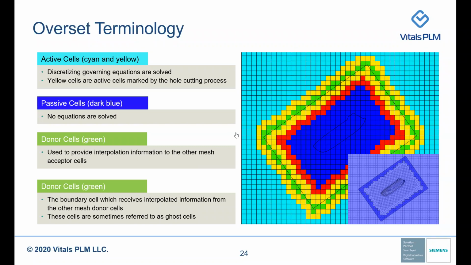The passive cells, colored in dark blue, as the name implies, have no equations solved. The other type of cells, colored in green, are called donor cells, and they are used for information exchange by interpolating the calculation of the field variables between different cells.